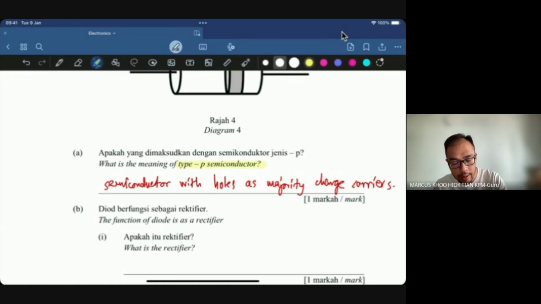Actually the only difference between type P and type N is the word holes. If you're going to say type N, then this word will become electrons. Let me write this better.